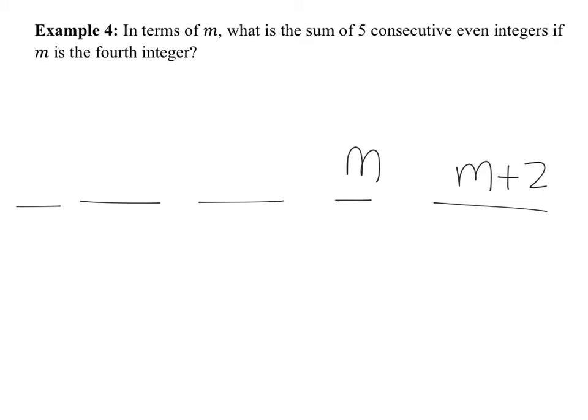And as Christian said, if m was 2, well, 2 plus 2 gives you 4, the next consecutive even integer. How about the other direction, Anigo? m minus 2, because that's 2 less than the fourth consecutive even integer. And Daniela, what about the other 2? Very good. We have m minus 4 and then m minus 6 on the far left.